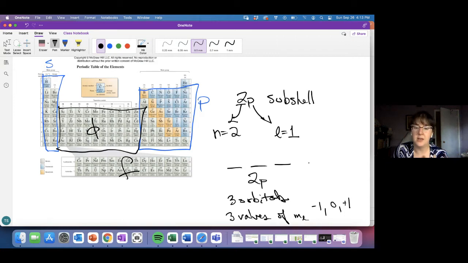And because I have 3 orbitals, this will house 6 electrons.